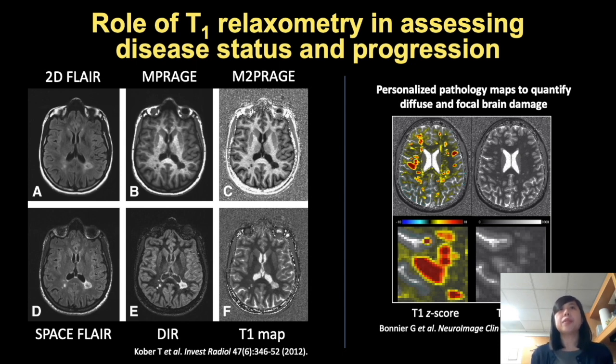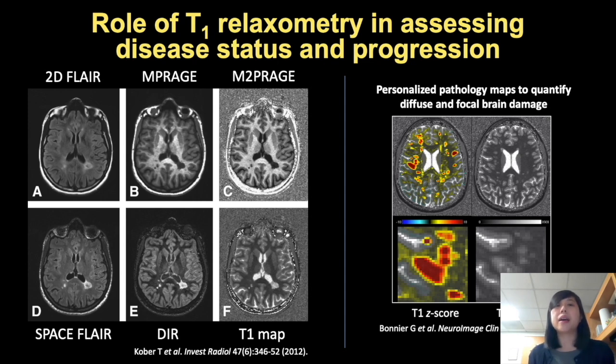So it turns out that there are sequences that have been developed that allow us to actually map out the T1 weighted signal evolution, here exemplified through the MP2RAGE sequence. MP2RAGE is a 3D MP-RAGE derivative that provides homogeneous T1 weighted images and simultaneous T1 maps that can be calculated from the series of images.